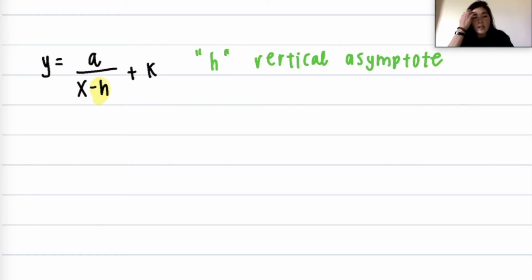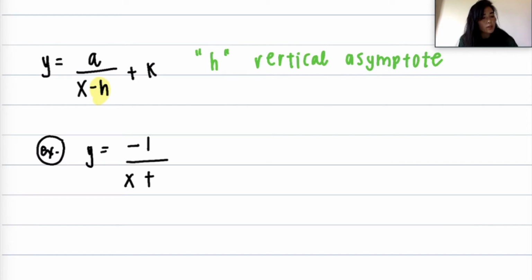All right, so what H does is H represents our vertical asymptote. Let me give you an example. In this problem, let's say that we were asked to sketch y is equal to negative 1 over x plus 6. Where H is now, it's right here. Notice that x is no longer by itself in the denominator.